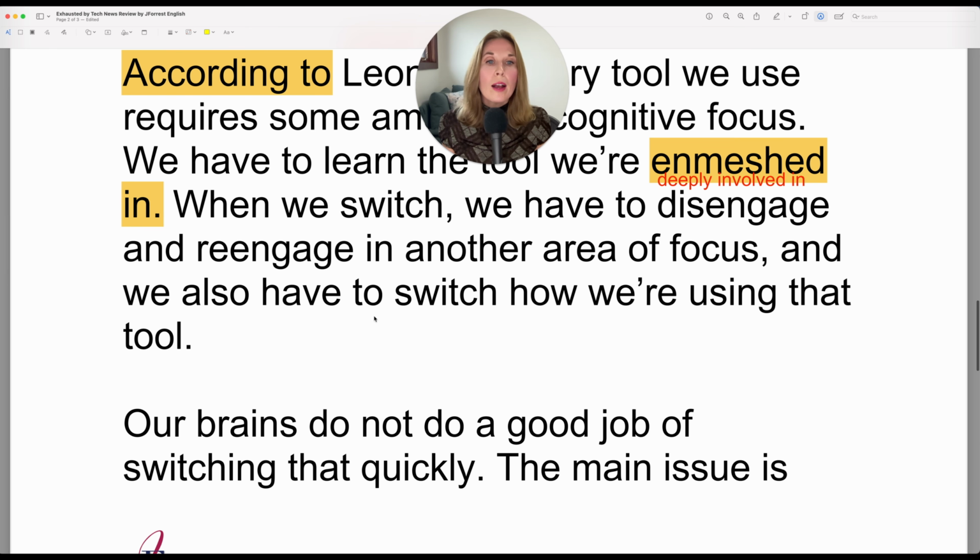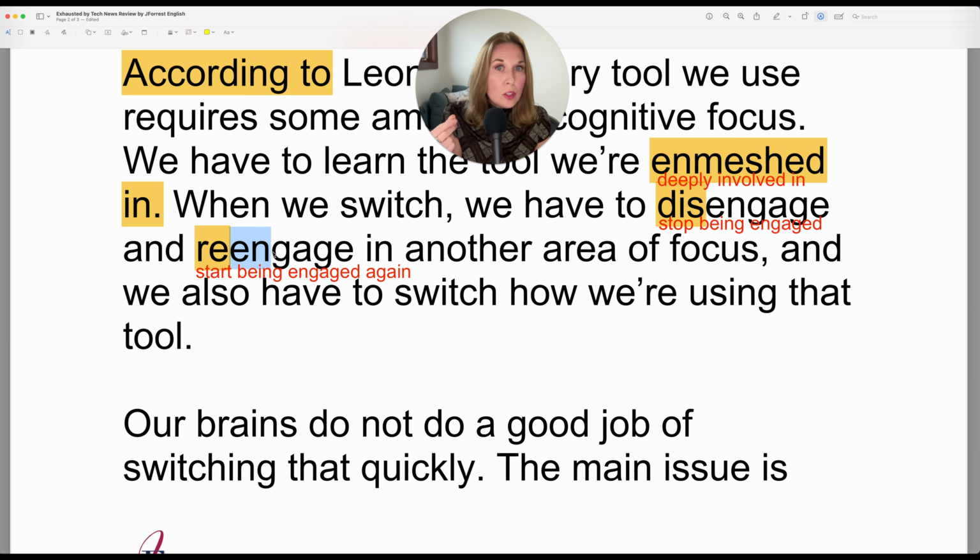And we also have to switch how we're using that tool. And for pronunciation, notice that this is a fully stressed sound. So you pronounce it as re, re. And then you just say the verb, re-engage, re-engage. So you will hear this as two separate sounds. We have the re, in.